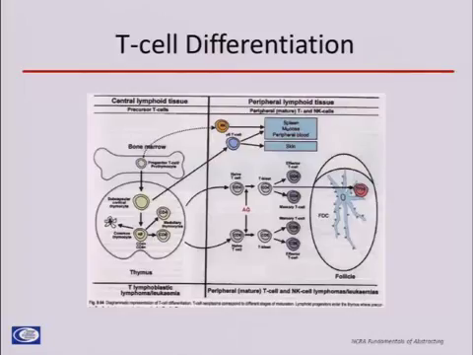You do not produce any new T cells once you're born. You do produce B cells forever. The B cells are the memory cells, the ones that remember what types of viruses and bacteria you were exposed to, and they're the ones that will go and attack those intruders. The T cells are the helper cells that tell the B cells what to do. Okay? That's the simplest way to describe it.